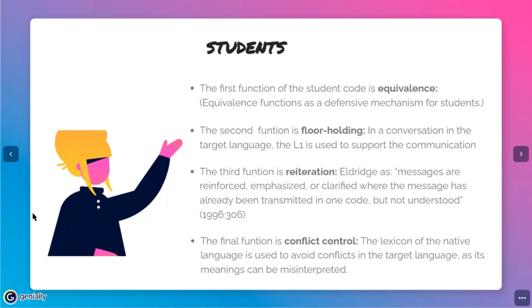With conflict control, the student tries to give a meaning about the word that they have to say and tries to avoid conflicts because it can be misinterpreted in a bad way.